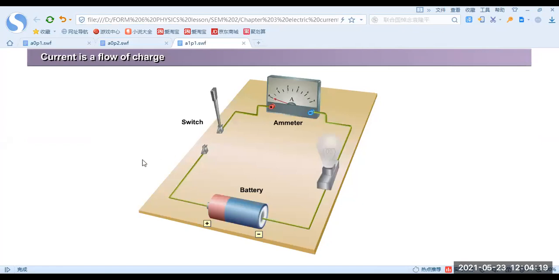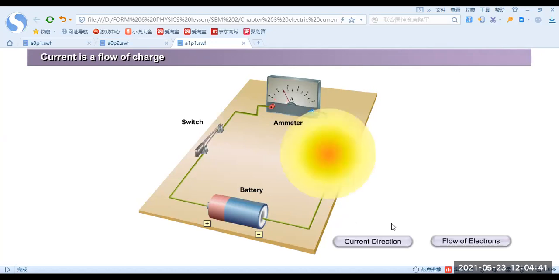Let's observe the circuit. It has a battery connected to a switch, then in series connection to an ammeter and also a bulb. When the switch is closed, the circuit is connected and the current flows.